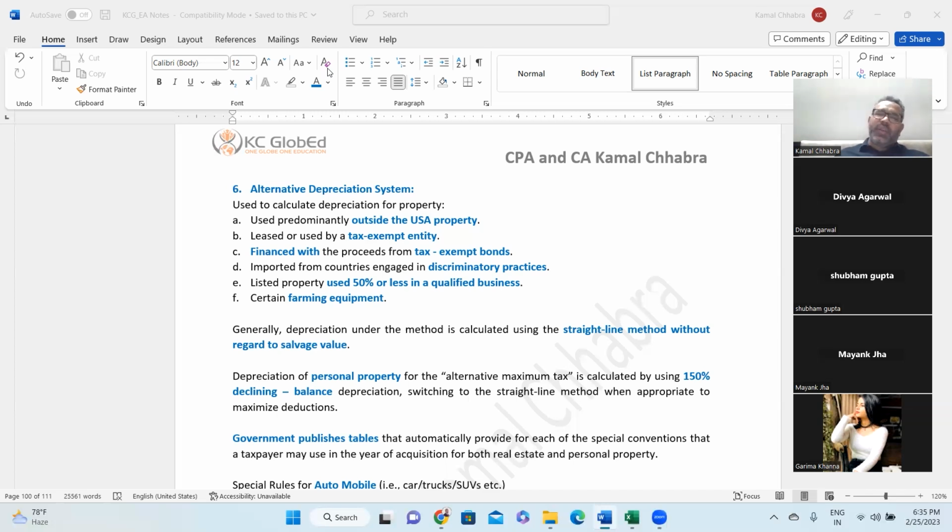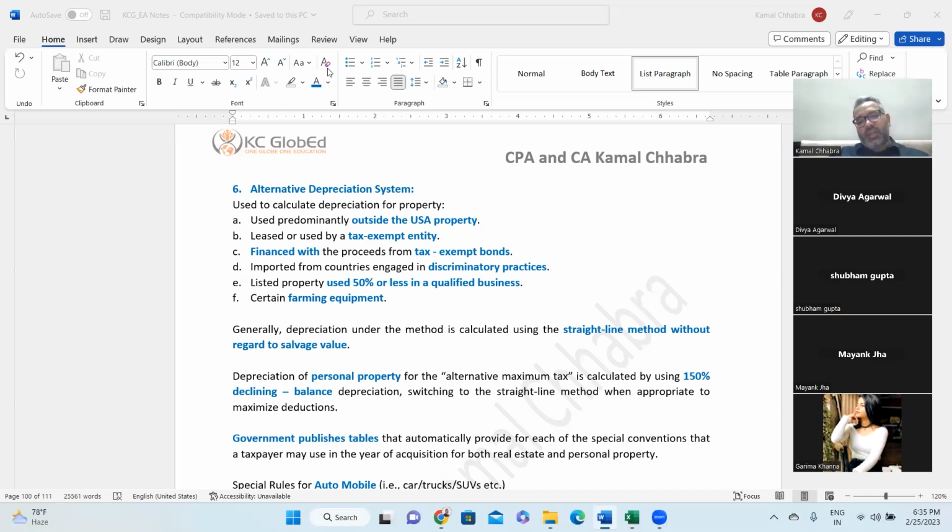Then in that scenario, you cannot take the benefit of the MACRS tax system, rather you can take the benefit of the alternative depreciation system, right? And certain farming equipment can also use the alternate depreciation system.